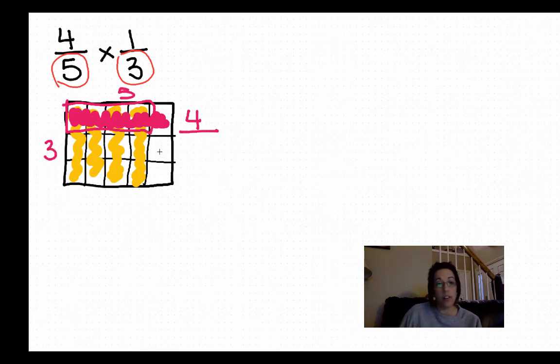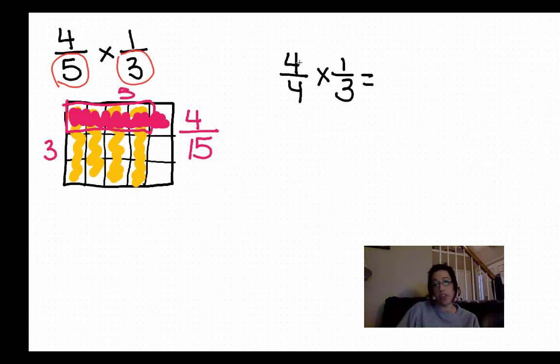We can figure it out. We could count each box, which would work. We could also take 5 and multiply it by 3 to find the area. No matter which one we do, we would get 15 being the total number of boxes in our one whole. 4/15 is simplifying. So let's put our 4/5 times 1/3 over here. 4 times 1 equals 4. 4 times 3 equals, oops, did you notice my math error?